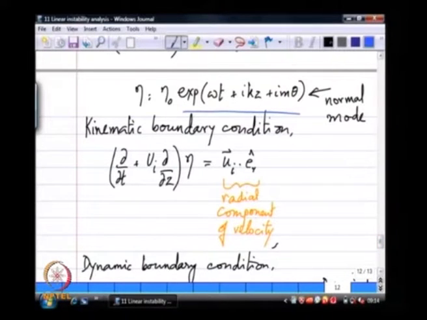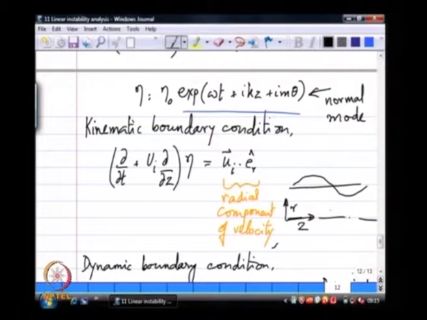Now, I am going to repeat some of the material from the earlier linear instability analysis just to make sure we have a complete grasp of the physical meaning of these boundary conditions. For the kinematic boundary condition, I am going to write the cylindrical polar coordinates in this fashion.